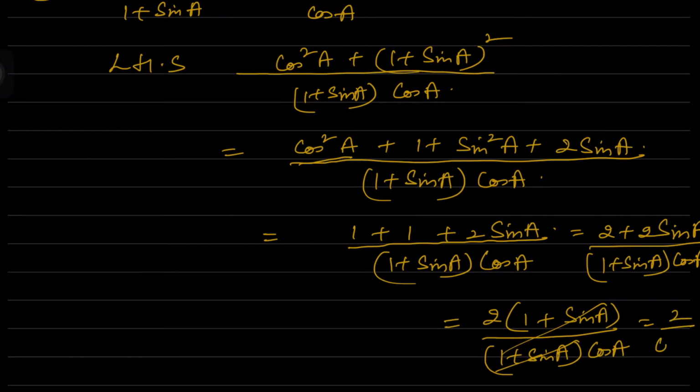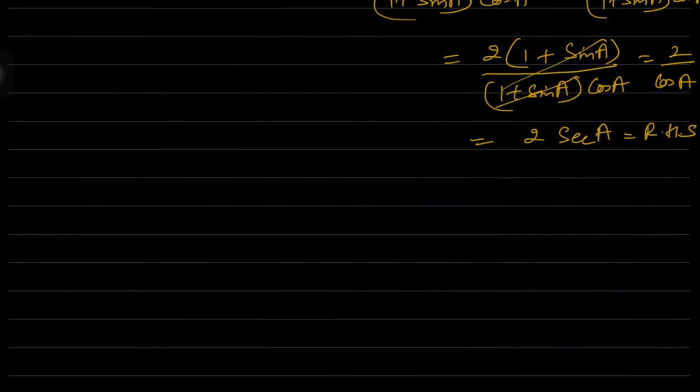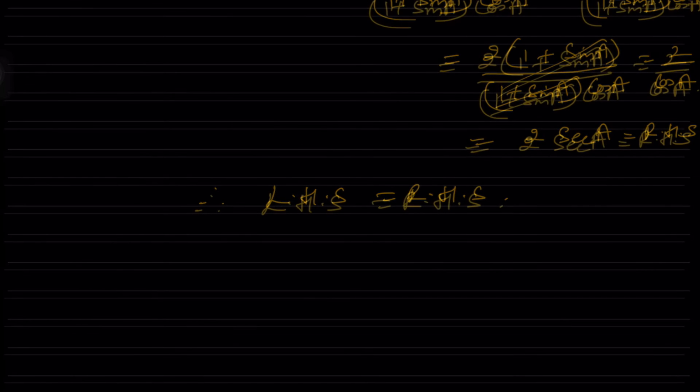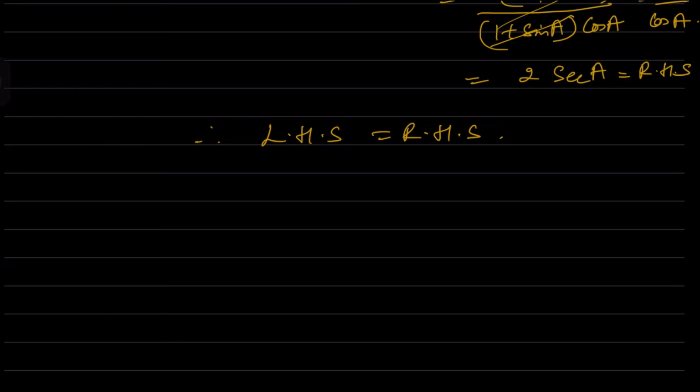You are getting 2 by cos A, which is equal to 2 secant A, which is equal to RHS. Therefore LHS is equal to RHS.